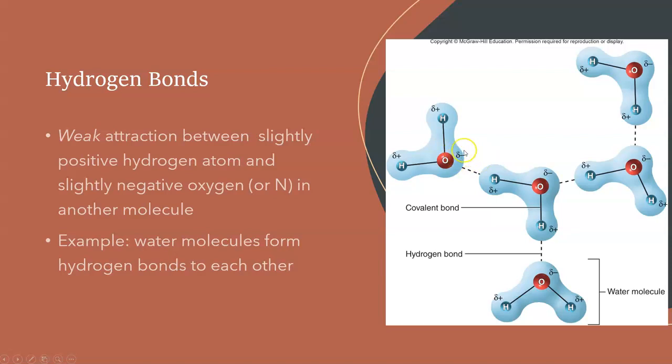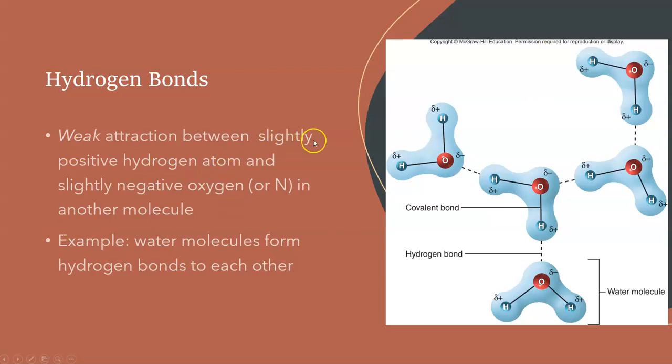It's more that this partial negative charge is interacting with a partial positive charge. So think of it like when you bring the south pole and the north pole of a magnet together, they want to connect to each other. But if you hold them apart, you feel that pull, that connection. They want to come together. This is what a hydrogen bond is.